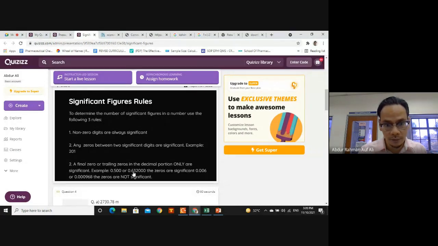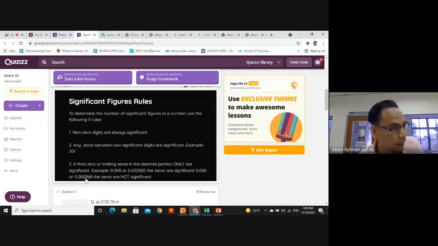Another example 0.632000. So kosong kat belakang ni adalah significant. Tetapi kalau kita ada kosong dekat depan, okay, kalau macam 0.006330, so kosong kat depan ni tidak significant. Ataupun 0.000968, ini pun tidak significant.